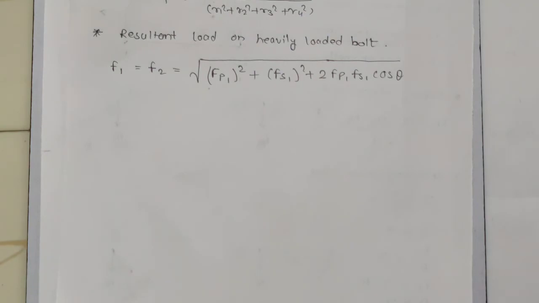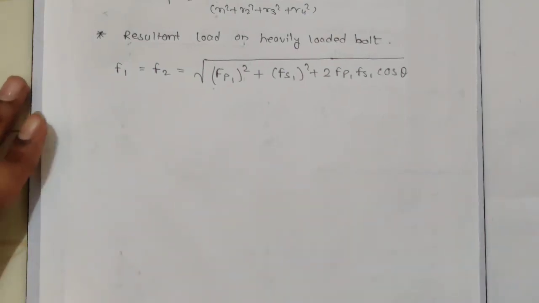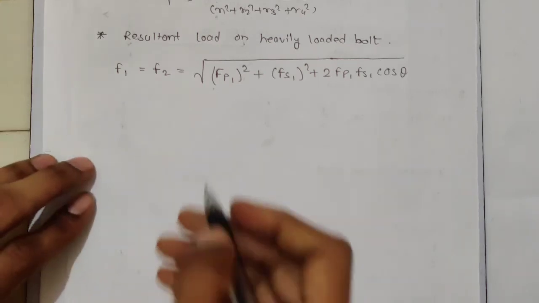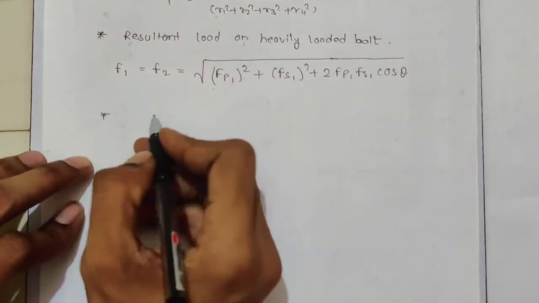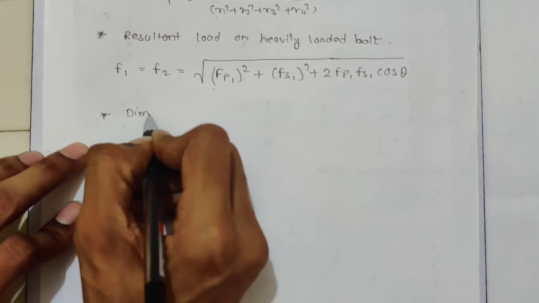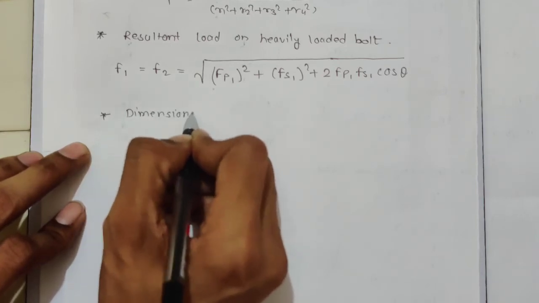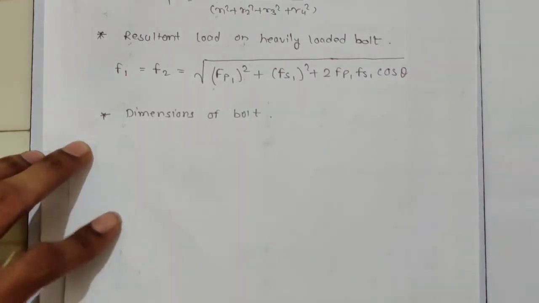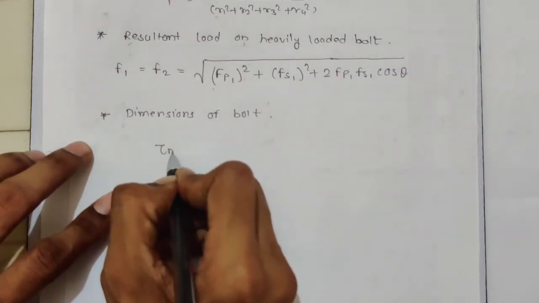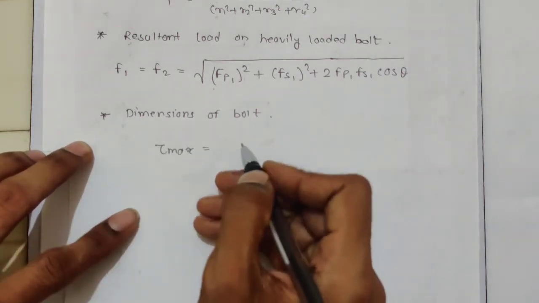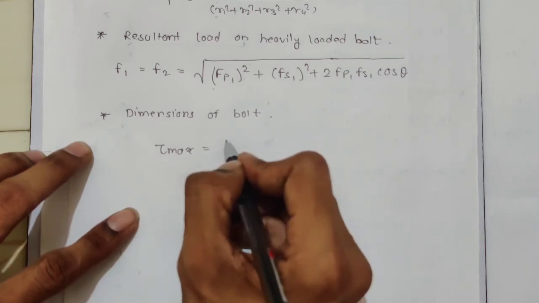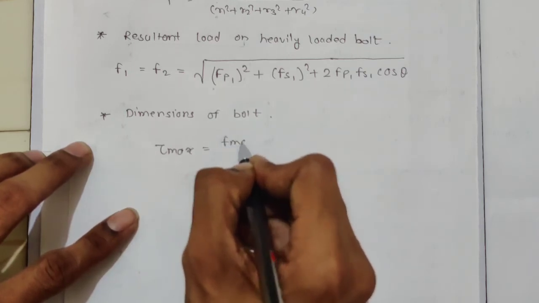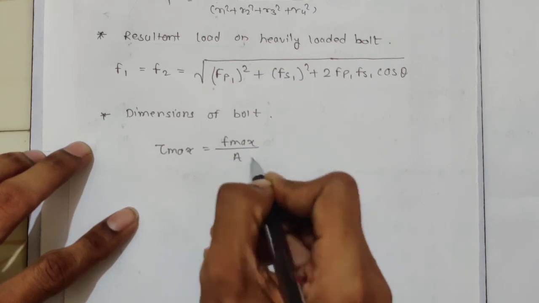Now I want to find the dimension of the bolt. So the next step is the dimension of the bolt. We know the formula, tau max is equal to maximum load, F max, upon area.